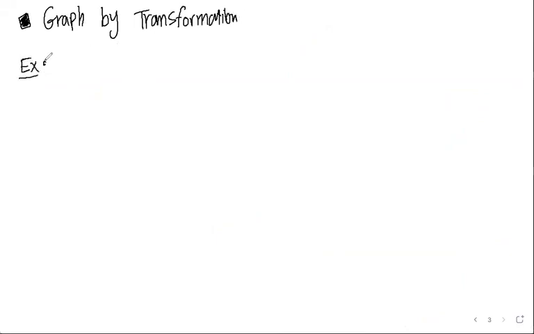Now, graph by transformation. I'm going to give you an example of how to graph.